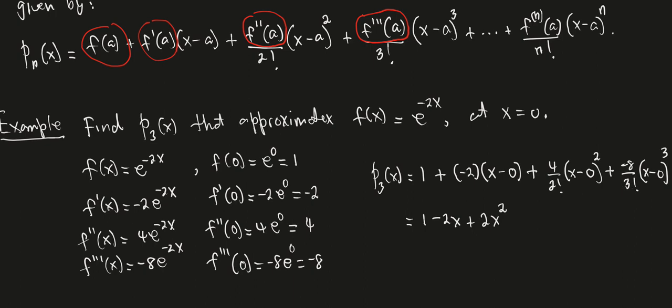Negative 8 over 6 reduces to negative 4/3. So this is minus 4/3 x to the third power. And that's now our third degree polynomial that approximates our original function at x equals 0, right? If we're calling this a polynomial, it better look like a polynomial, and it does.